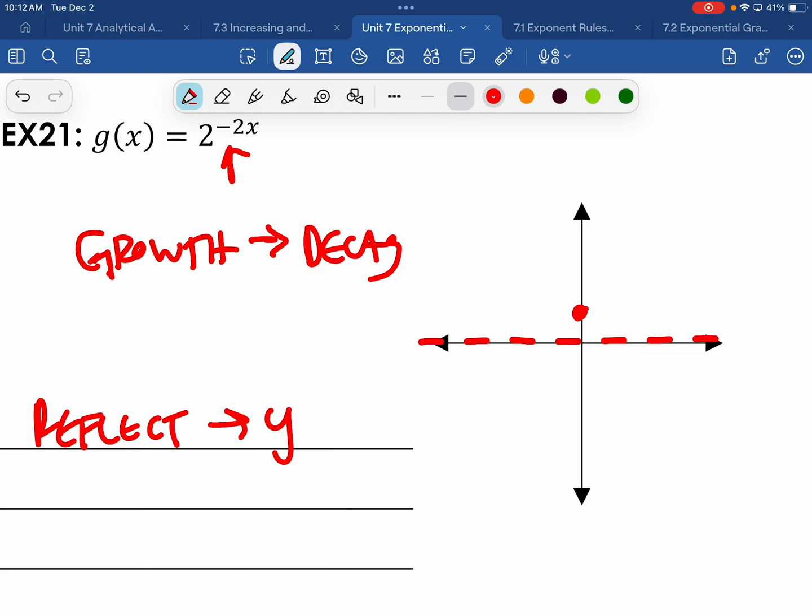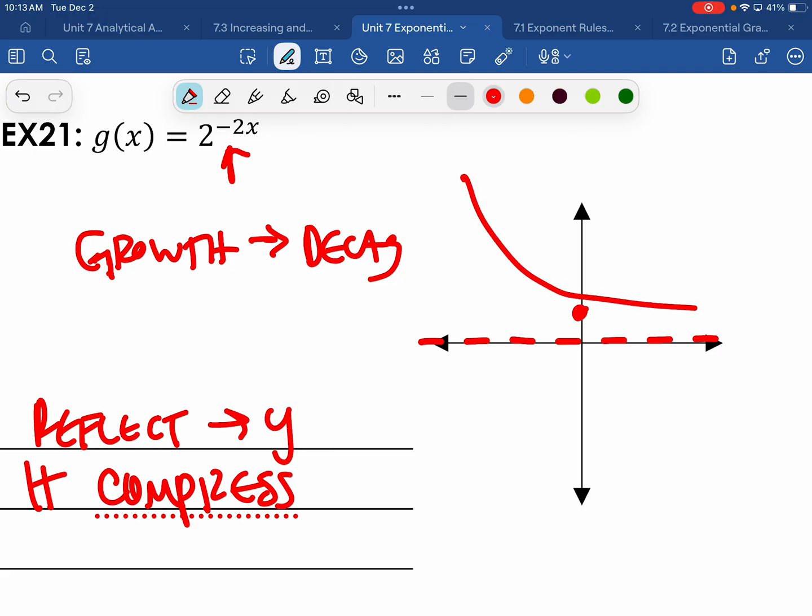So that negative inside is going to turn my growth function into a decay. The 2 is technically a horizontal compress, but since we're only plotting that first point there, we don't need to worry about the horizontal compressions. It is a transformation, but it's not going to get graphed. So we just need to make this growth into a decay, and then we're done. Wow, I missed my point completely. That's okay.